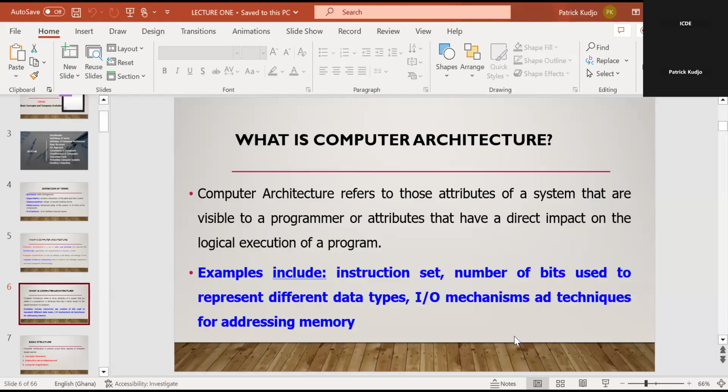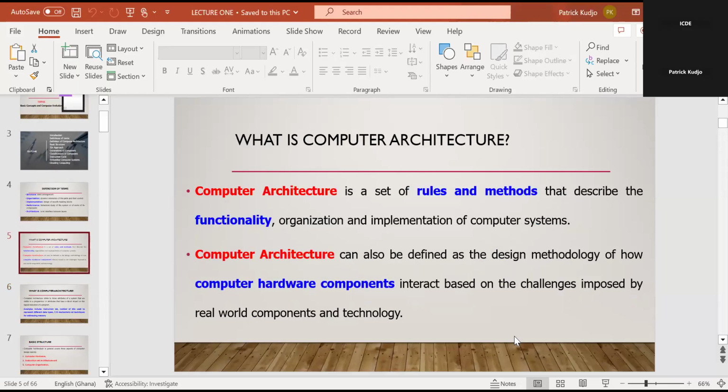And I'm sure this definition will be long for you, so most of you will prefer the first two. For me, I'm in love with the second one, though the first one is also okay: a set of rules and methods that describe the functionality, organization, and implementation of the computer system.